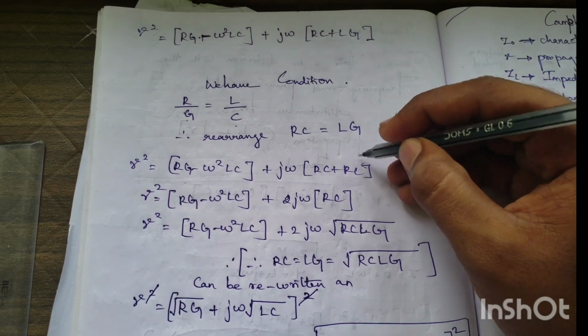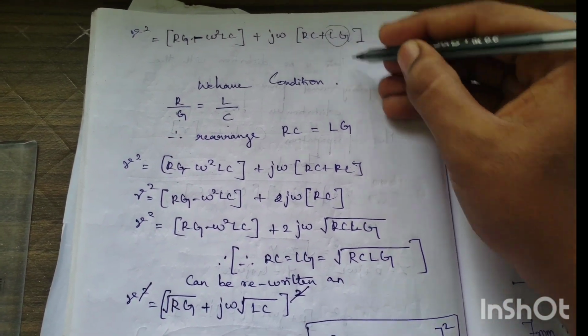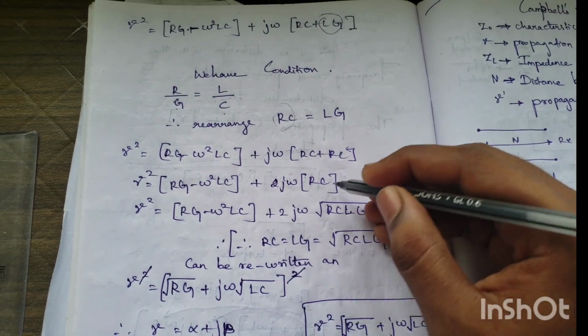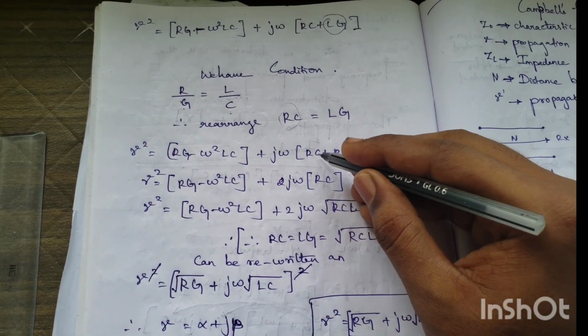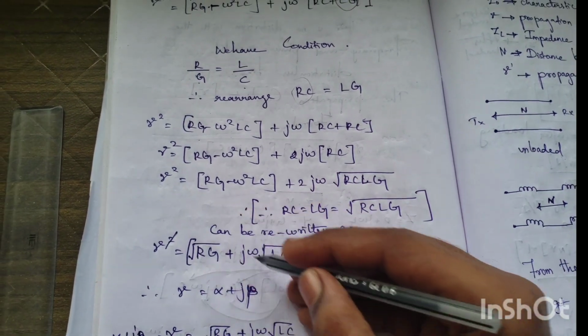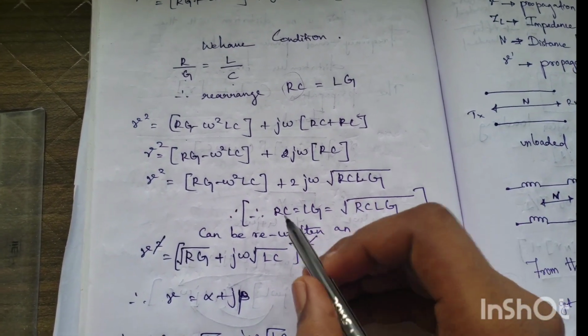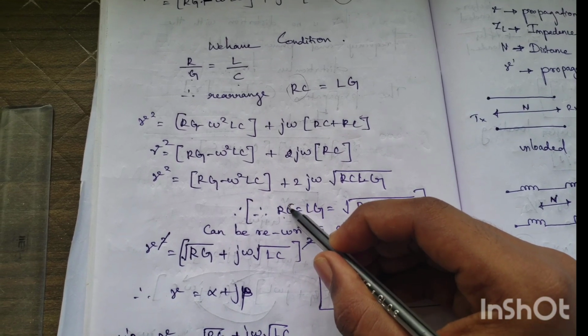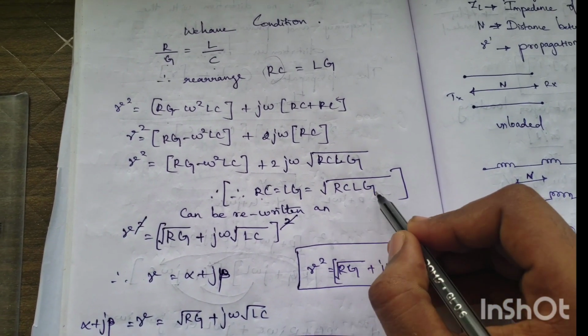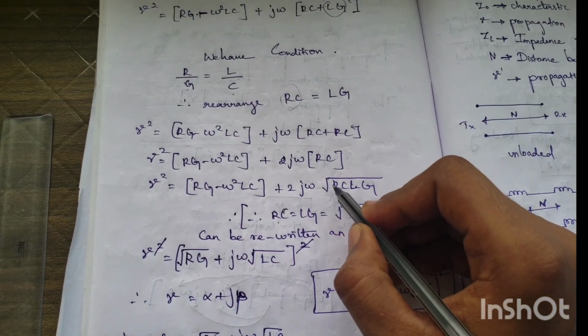We substitute lg with rc so that we get rc plus rc, that is 2 j omega rc, and we have rc equals lg equals root of rc lg, so we will substitute over it.